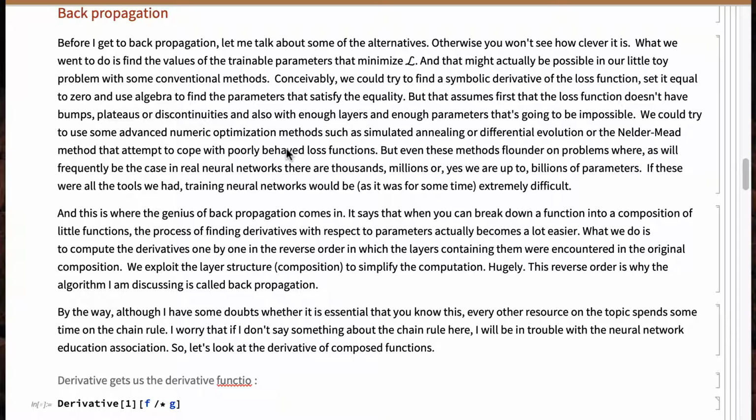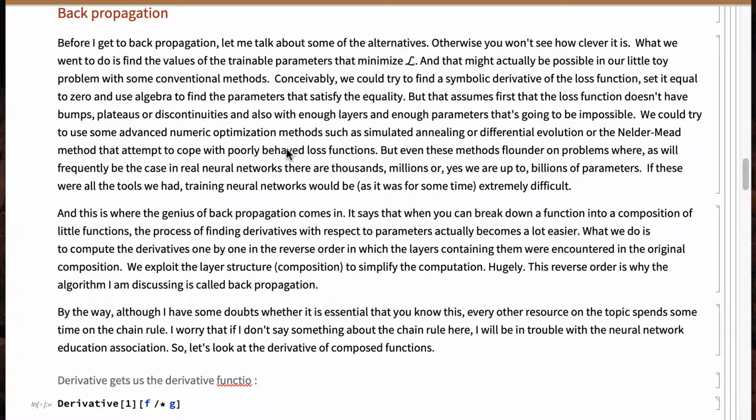But even those methods really have immense difficulty where, as will frequently be the case in real neural networks, there are thousands of parameters, or 3 years ago millions of parameters, or this past year billions of parameters.